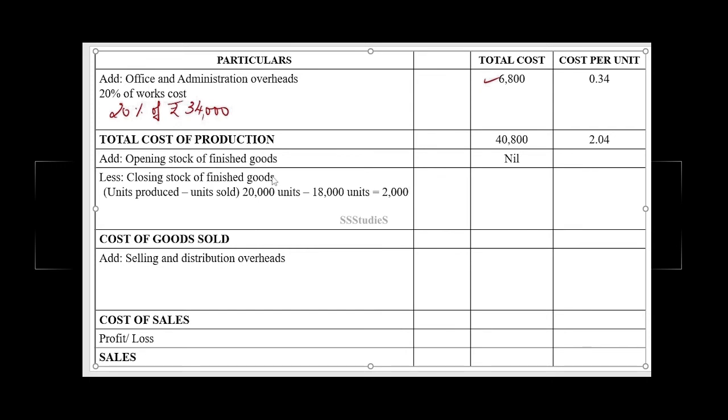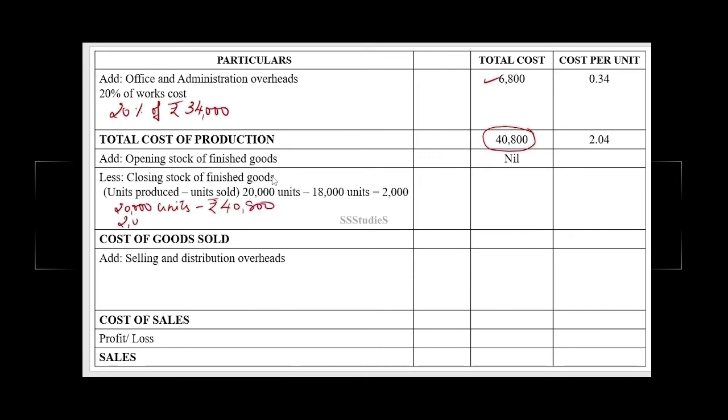Now, how do we value these 2,000 units? For 20,000 units, we have spent 40,800. So for 20,000 units, the total cost of production is rupees 40,800.